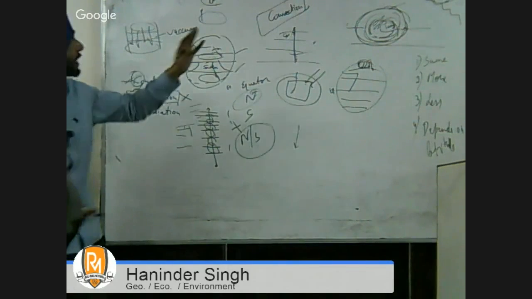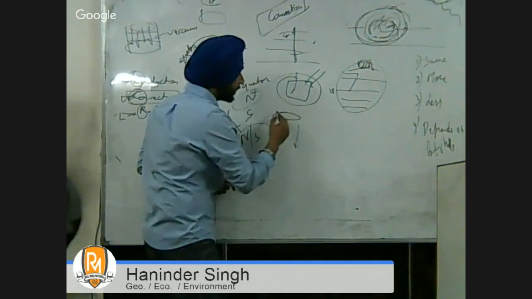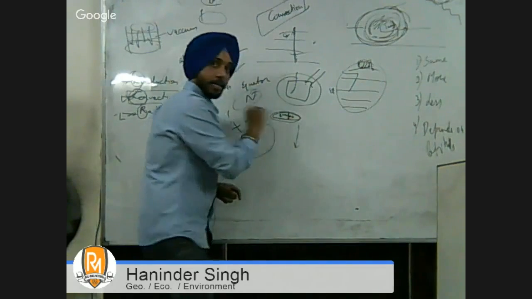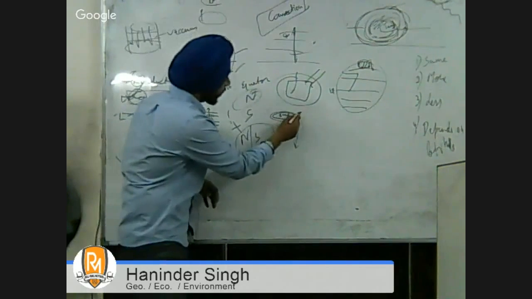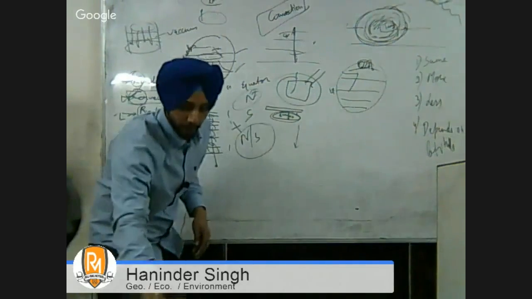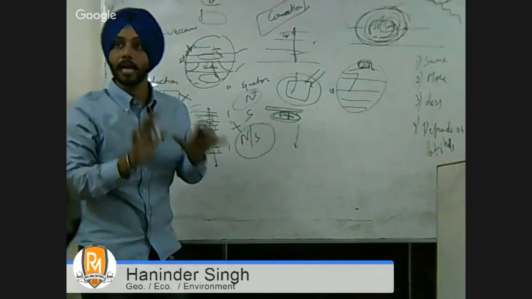So radiation, what will it be? If water's surface is getting heated up and we are at the top of water, not in any contact with water, and we still feel the water getting hot, the way we warm our hands, that is radiation.